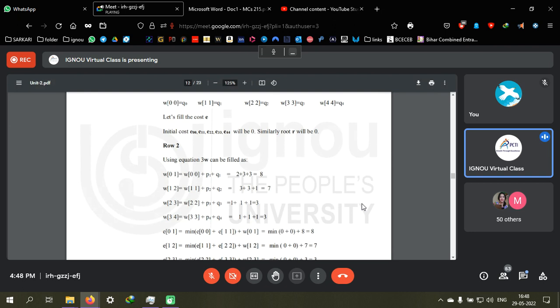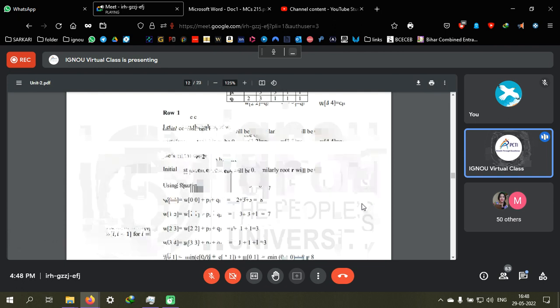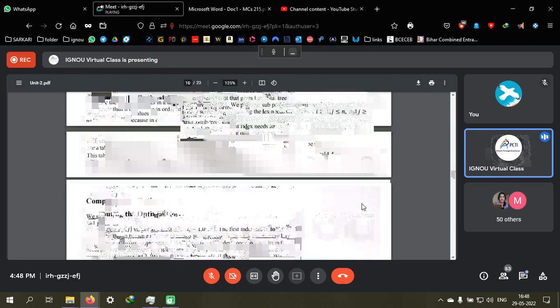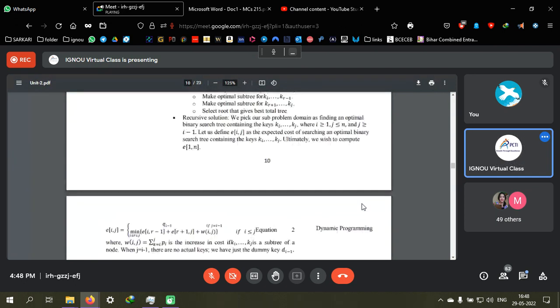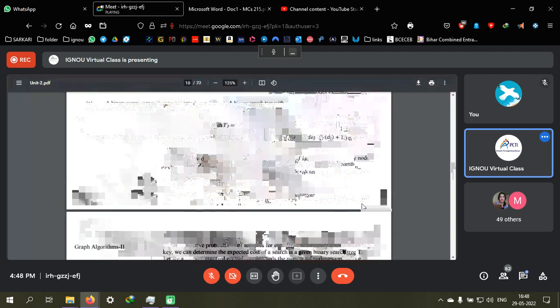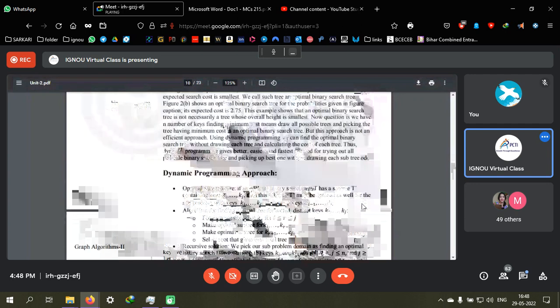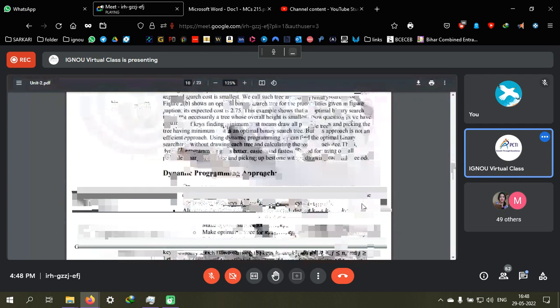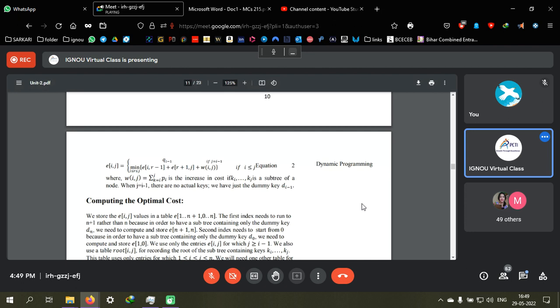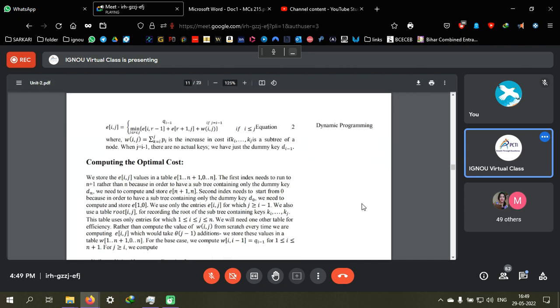So here W00 is calculated. I have to perform W01. How can we perform W01? Formula of W. Here it is.